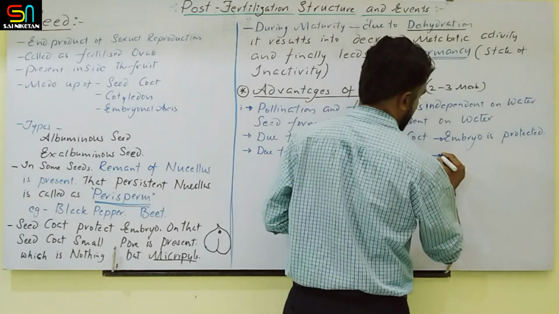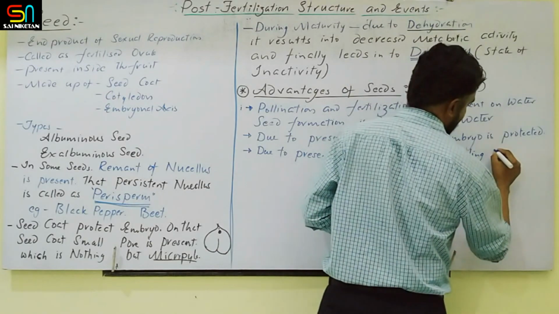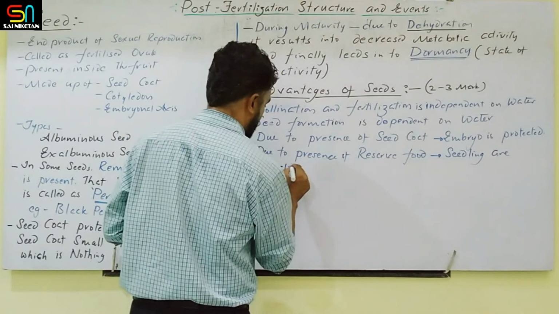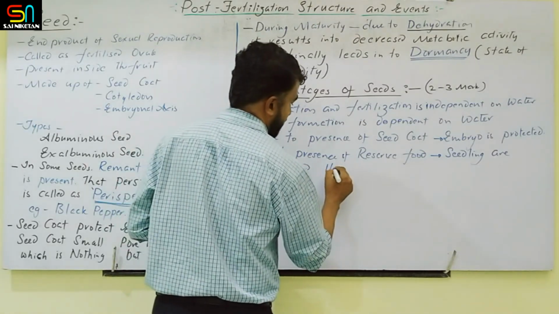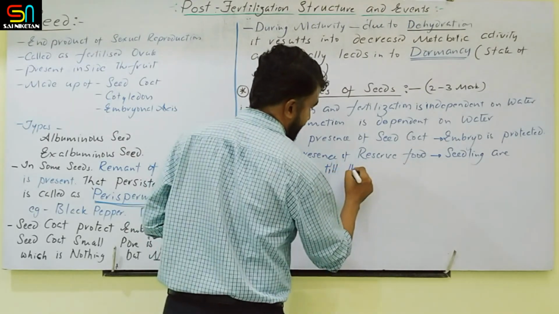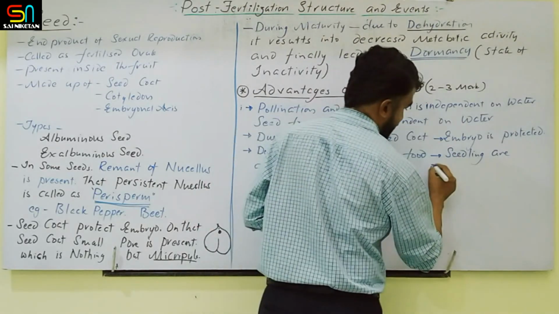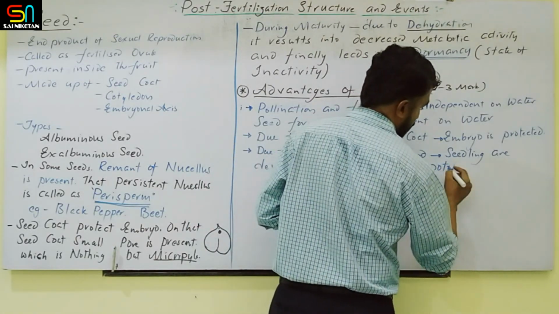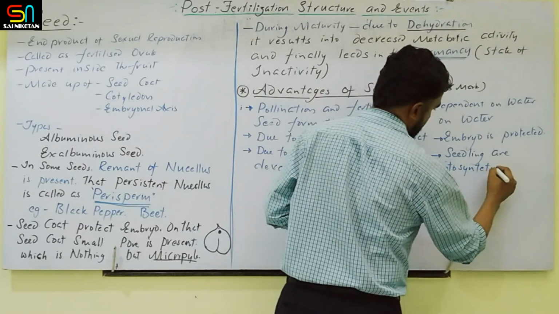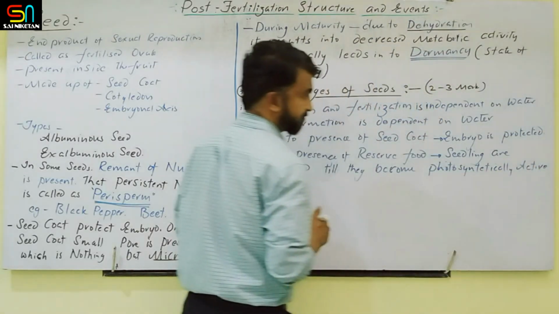Reserved food seedlings are developed till they became photosynthetically active.